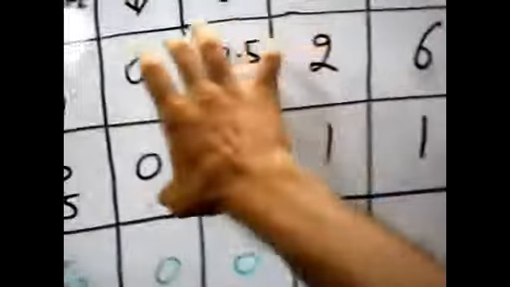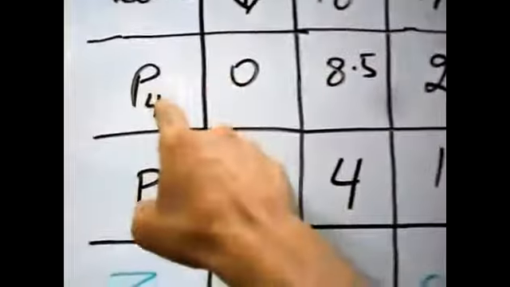On the right side, p4 and p5 cost 0, 0, which we show here.